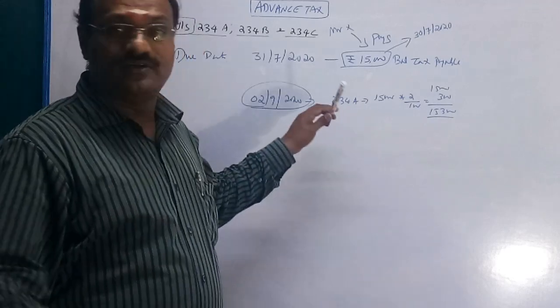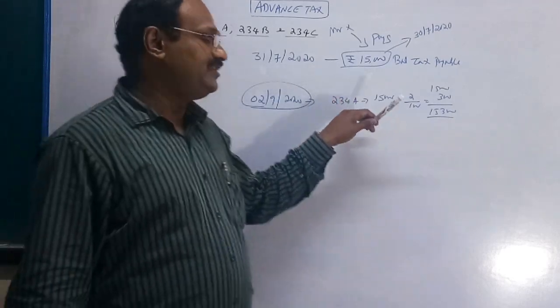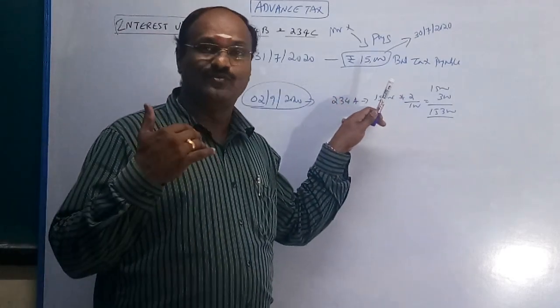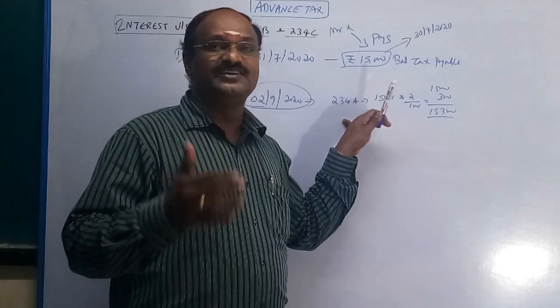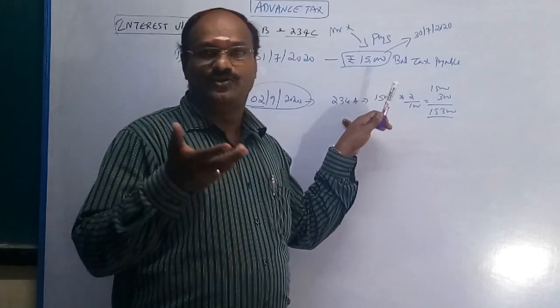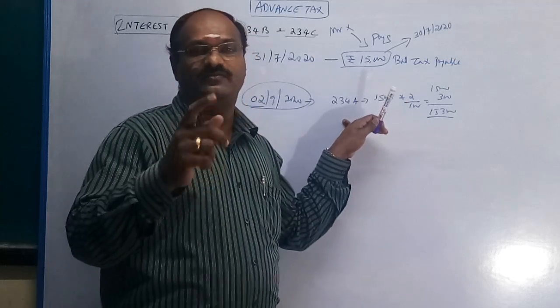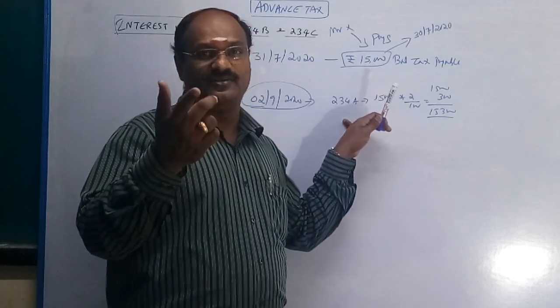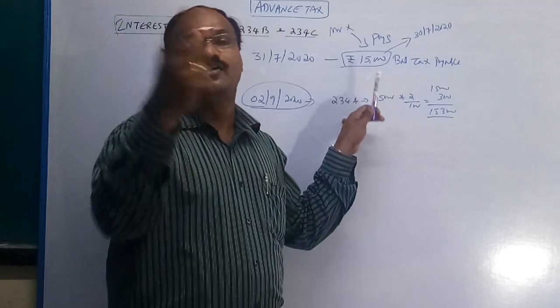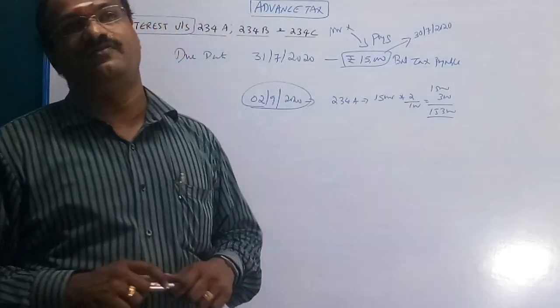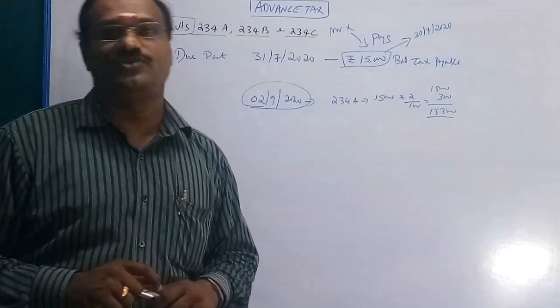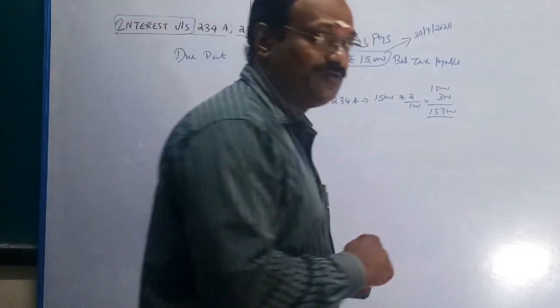So 234A, understand clearly. It is only when tax liability is still due and filing of your return is after the due date, then 1% per month or part thereof is attracted. This is 234A. Any doubt?